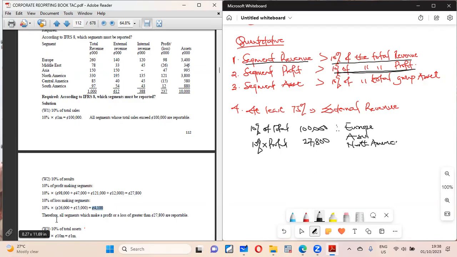So if you have anyone whose loss is also like that, then that one is different. Therefore, we say all segments making profit or loss greater than the threshold need to be separated. Even if you combine it, we are looking at those segments whose profits exceed the threshold. Of course, the loss-making ones, already they are losses.